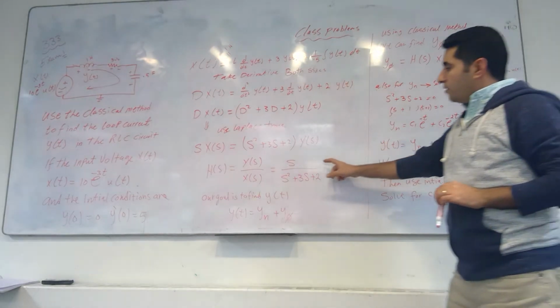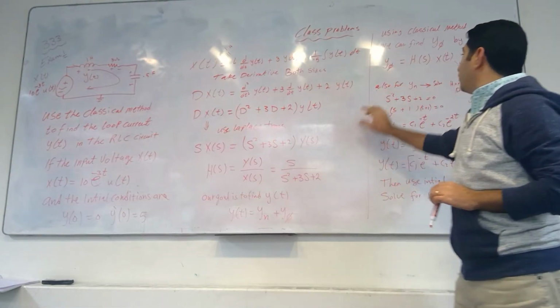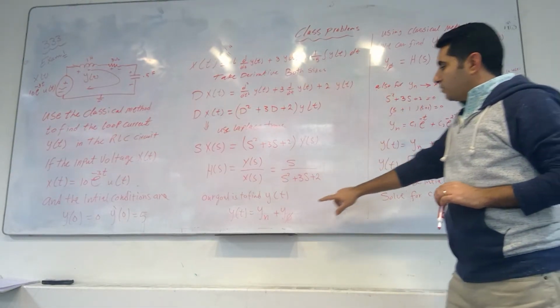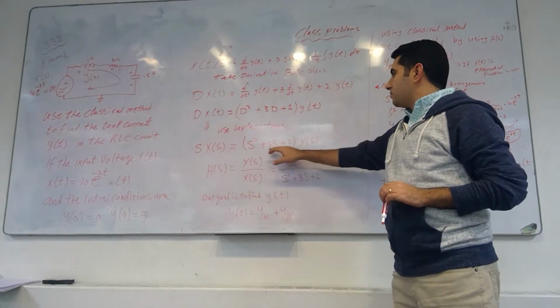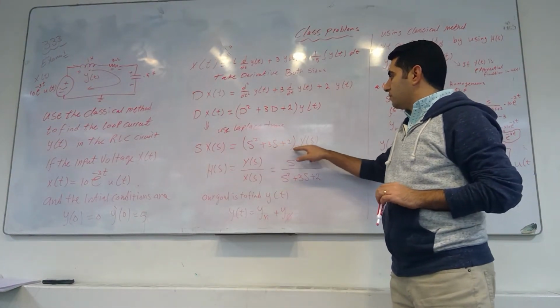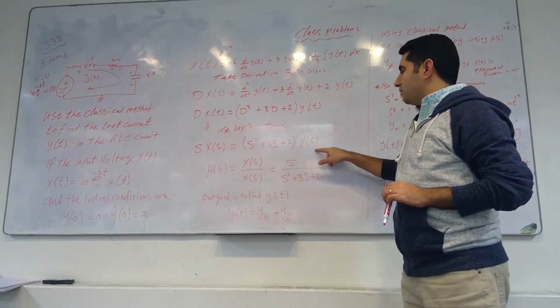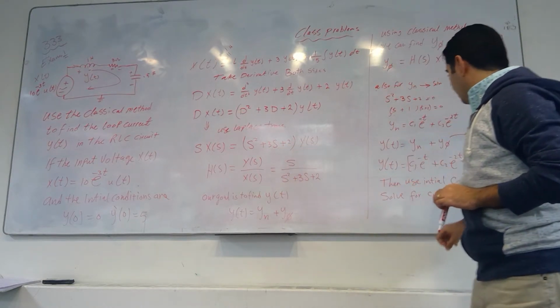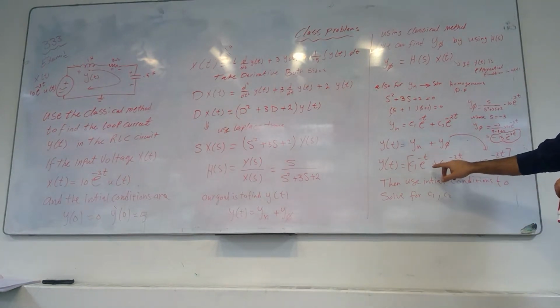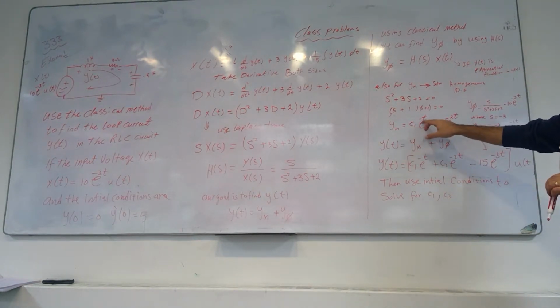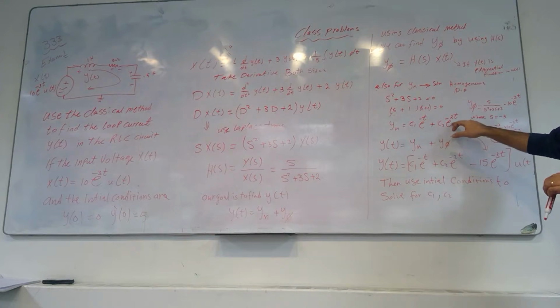The natural response is easy because you can assume this is a homogeneous differential equation, factor this polynomial, set it equal to 0, and find the natural response as c1 e to the minus t plus c2 e to the minus 2t. This is how we find the natural response.